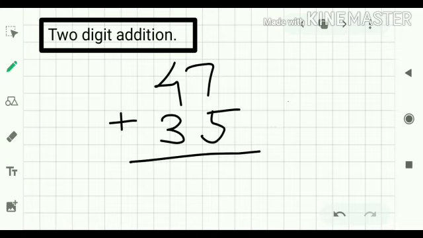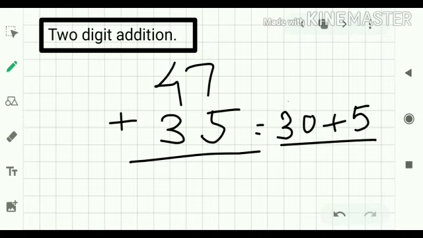Is it agreeable that we can write 35 as 30 plus 5? Yes, of course it is 30 plus 5, because this 3 is at the tens place, so this becomes 30, and 5 is 5. So this is what we call place value.